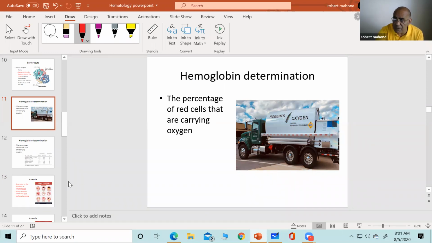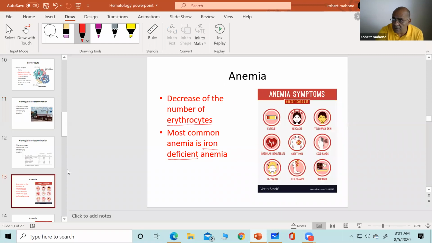So if you don't have enough red cells, the most common reason is that you don't have iron. And your red cells can't be produced because you can't make a truck without that tank on there. So if that tank's not there, the other trucks just sit there. They're not doing anything. So we have to have iron to produce red cells.